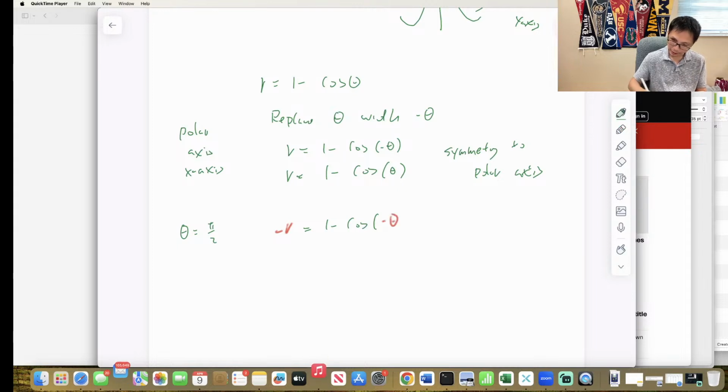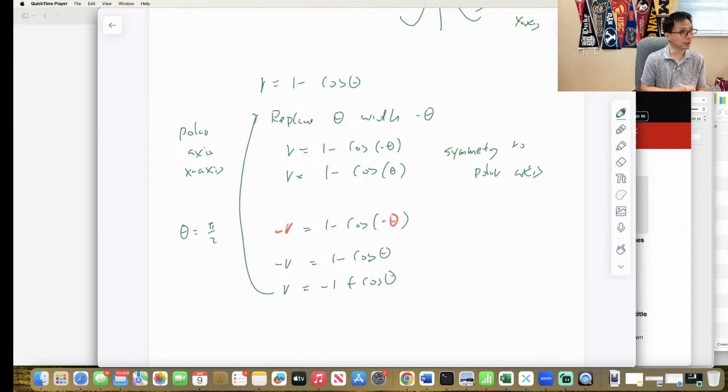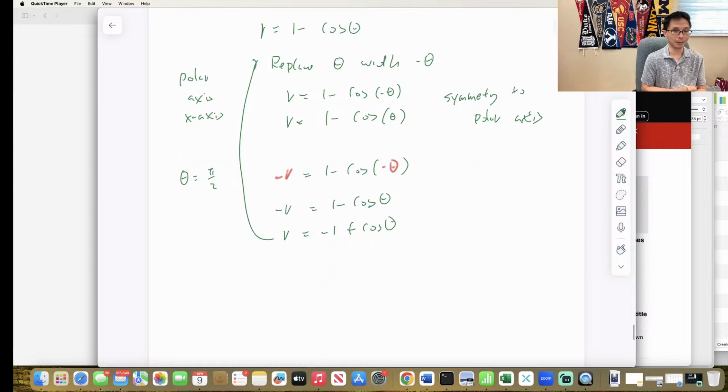Now that's going to give you negative r equal to 1 minus cosine of theta. If you multiply everything by negative 1, it's going to be negative 1 plus cosine theta. Is that the same as the original equation? No. So if it's not the same, then it's not symmetry.